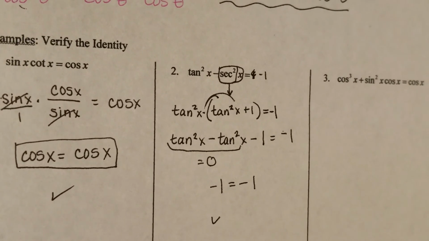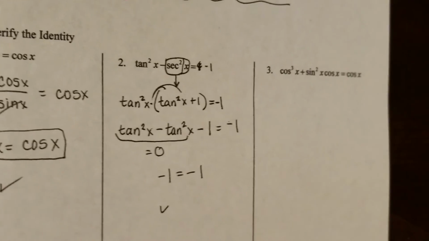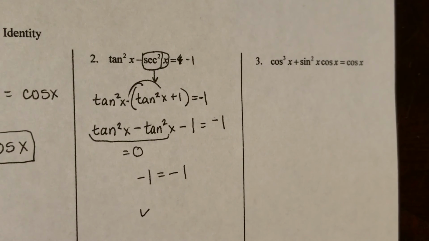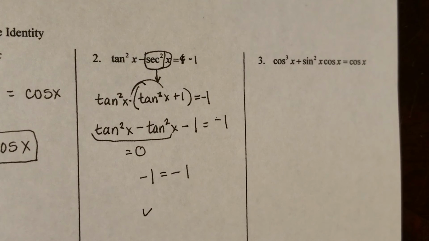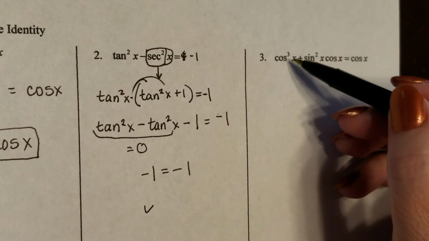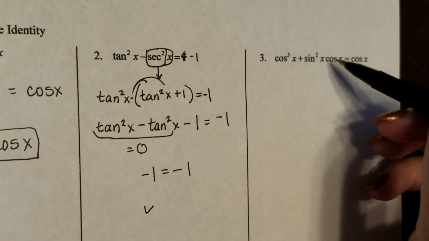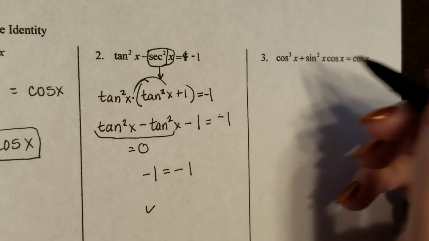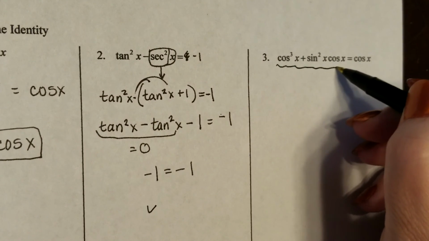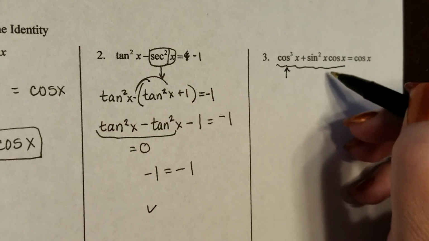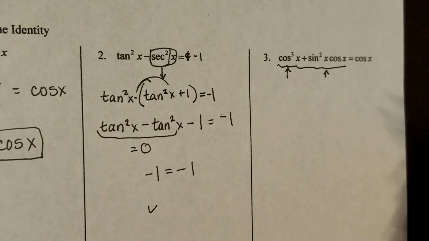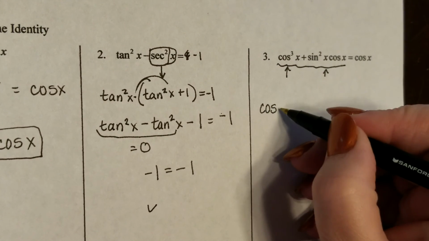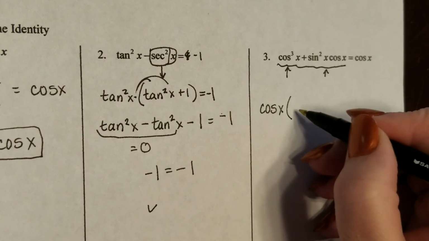Let's see if I can move this over just a little bit. There we go, so that you can see this side. All right, we have cosine cubed x plus sine squared x cosine x equals cosine x. So I'm going to work at this complicated side. I see that this term and this term have a common factor, and I'm going to factor cosine x out.